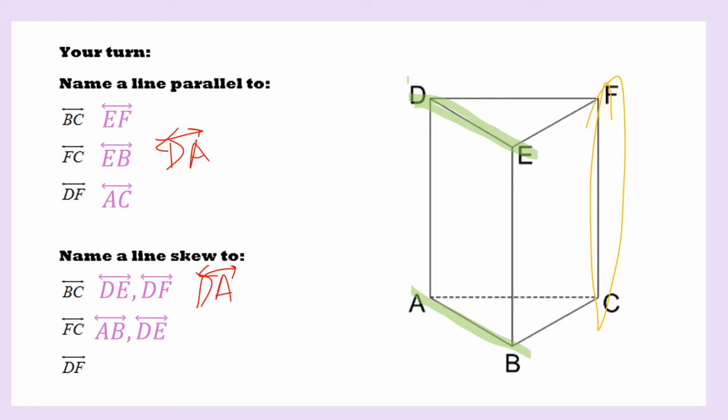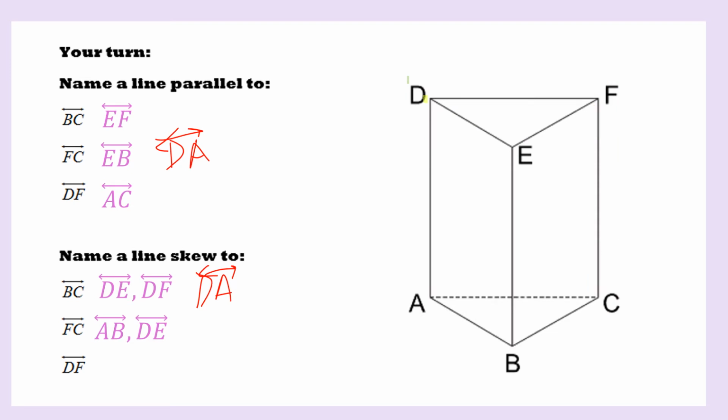If I did choose DA, yeah, it's not in the same plane, but those two are parallel, so that would not work. And I guess, let's see, D, B, C, yeah, okay. Then we have DF.